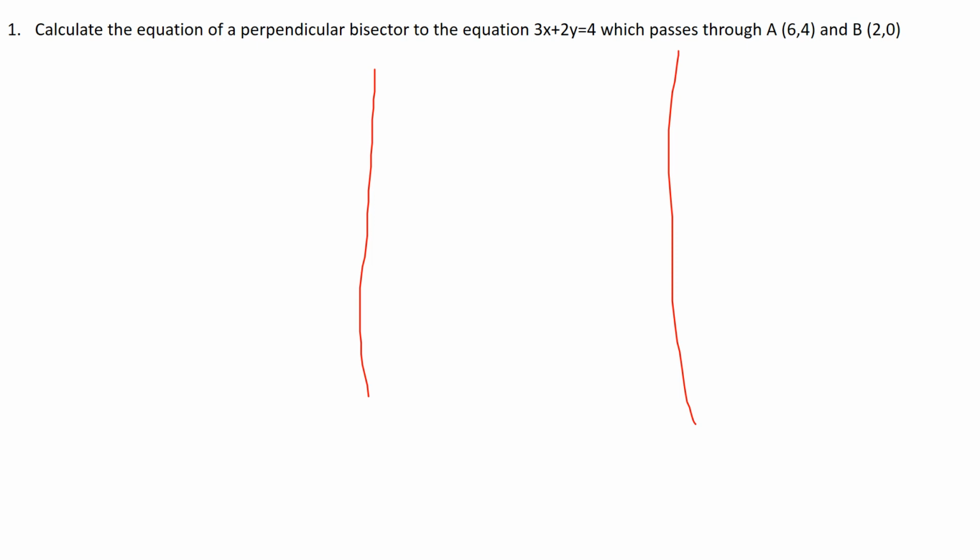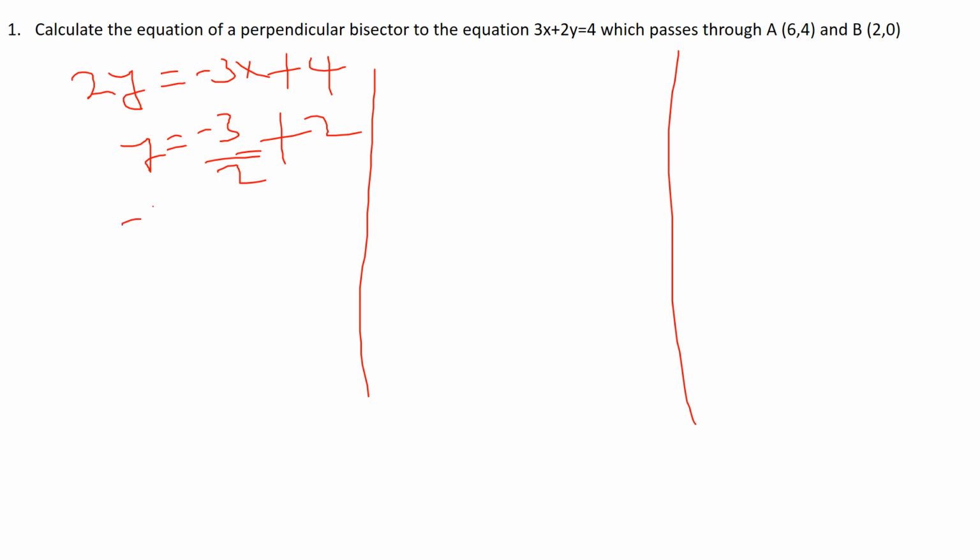So here we have 2y equals minus 3x plus 4, and then we divide all through, so we are left with y equals negative 3 out of 2 x plus 2.